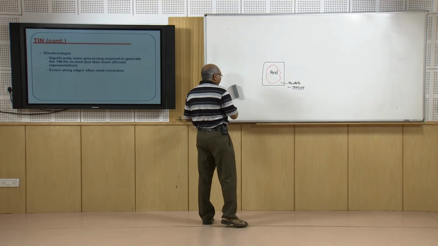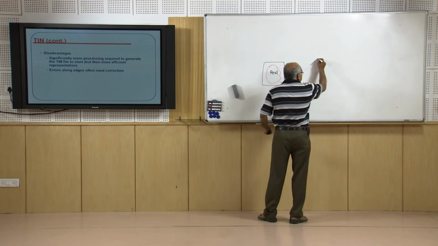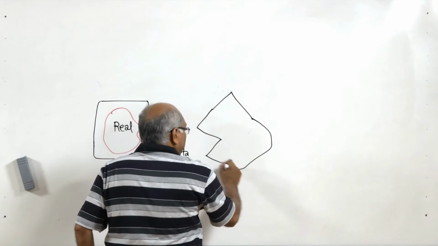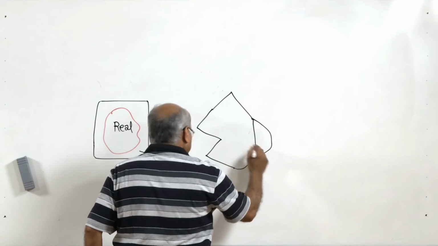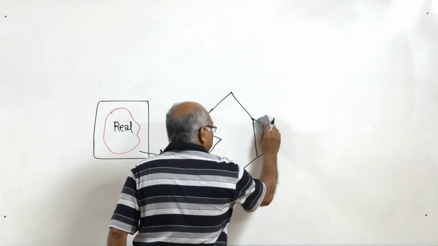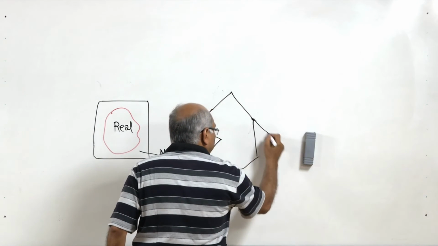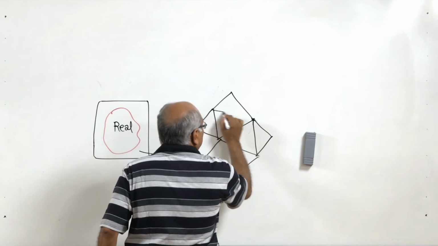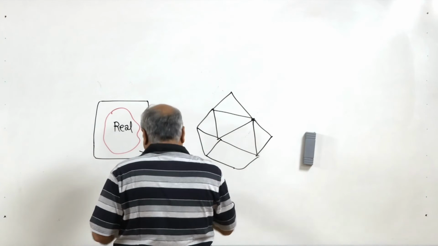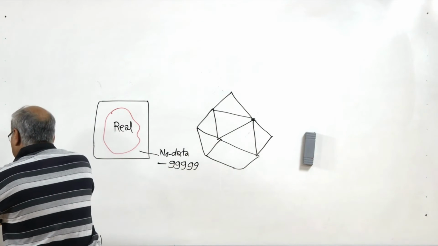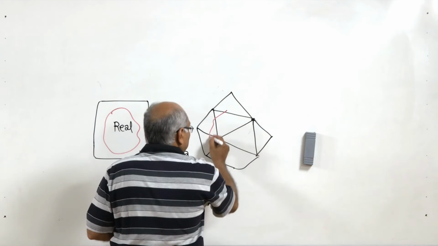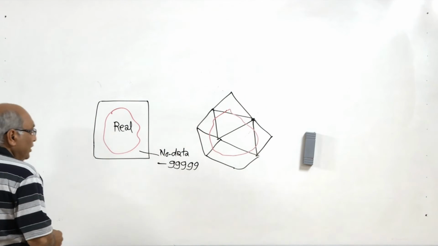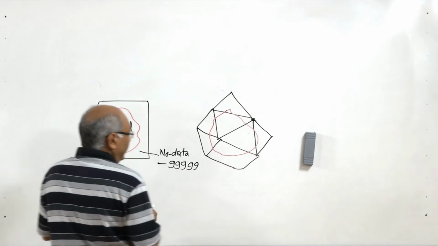Now if I have a TIN model, as we have been discussing, in the case of TIN there would be edges, and I cannot use any extraction tool to cut here, because think what would happen in the case of these areas.